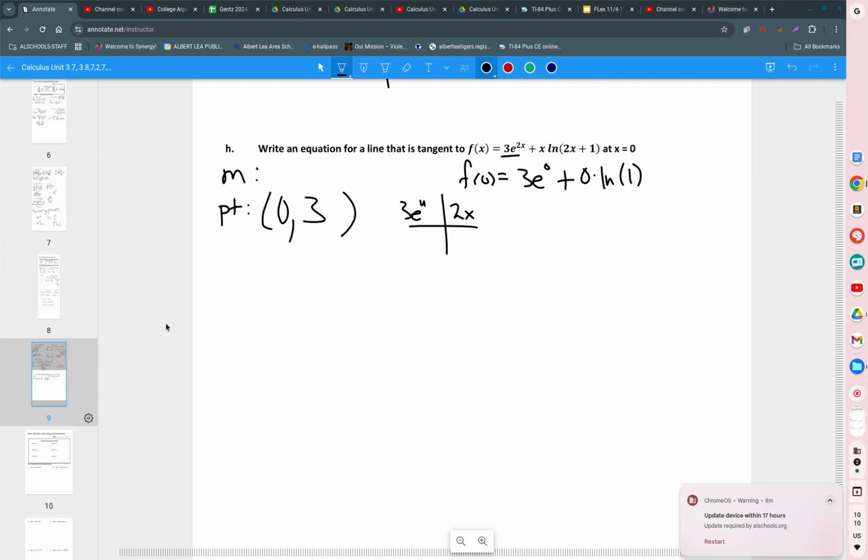The derivative of 3 e to the u is 3 e to the u. Derivative of 2x is 2. So f prime of x, I start out with 6e to the 2x. That's where I'm starting.